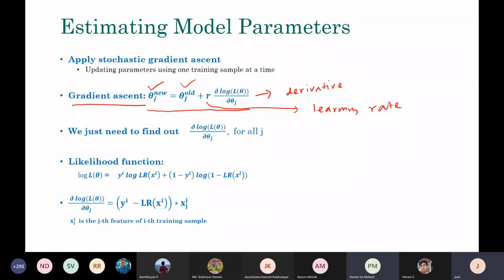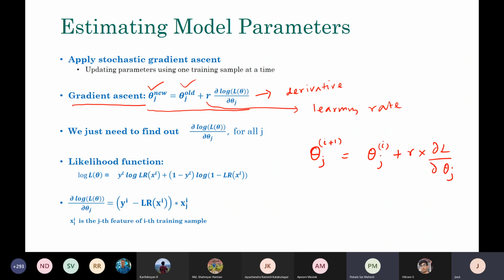Well, if you really would like to have that kind of expression, you can basically write something like this: theta j at i plus 1 is equal to theta j at i plus r into del L del theta j, where i is the value from the ith iteration. Does this satisfy you? Yes, sir. Okay, so I used the shorter notation, where old and new mean the current value and the new value, but this is probably the most appropriate form.